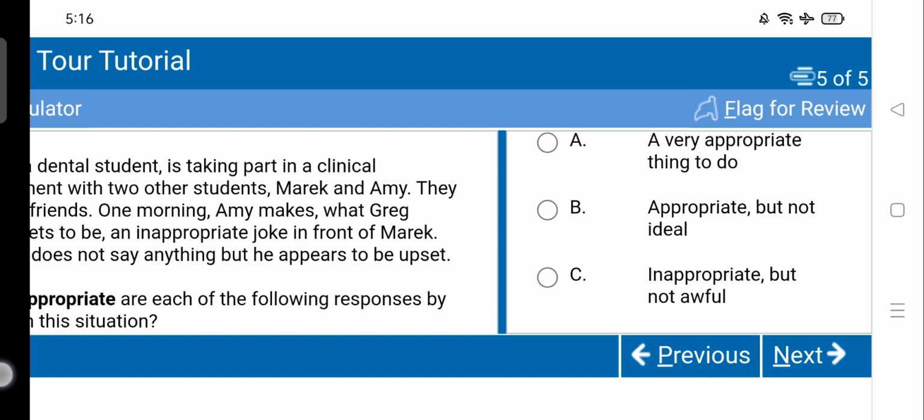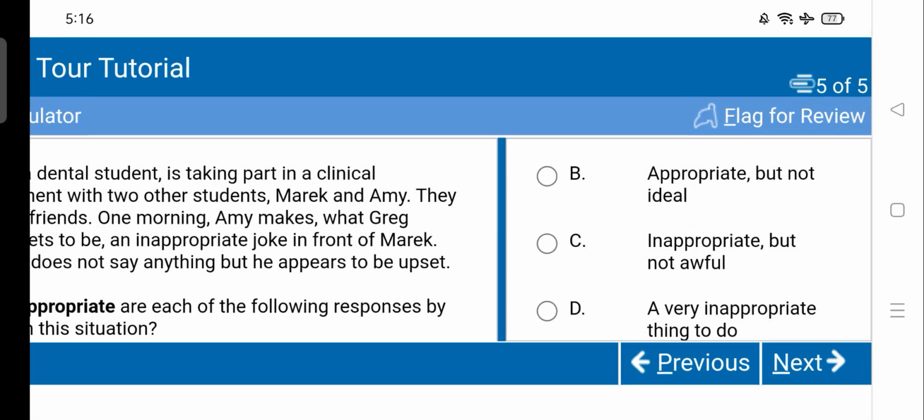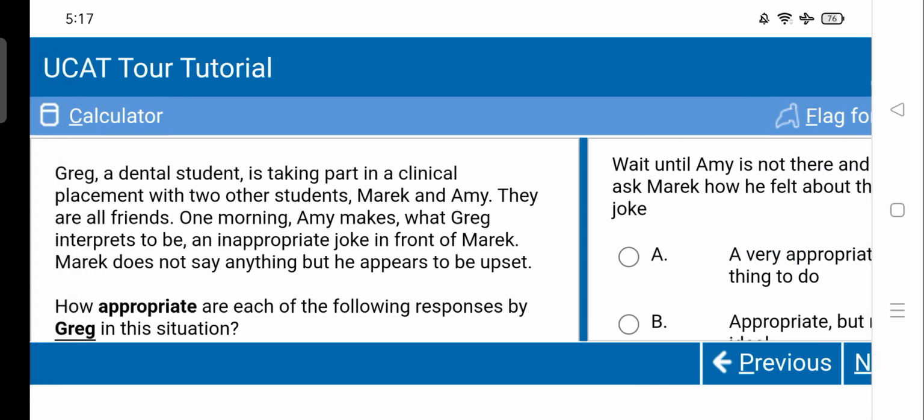Option B, appropriate but not ideal. Option C, inappropriate but not awful. Option D, a very inappropriate thing to do. So these are the four options, and you have to choose the right one by reading it from the paragraph.